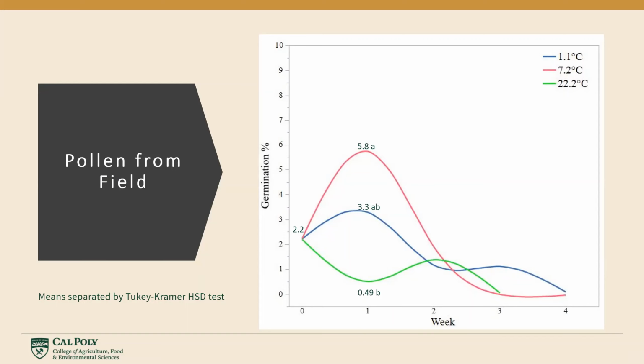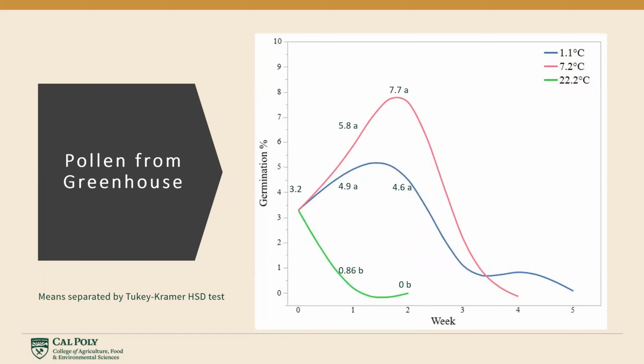For pollen stored at 1.1 degrees Celsius, there's an increase to 3.3% germination 1 week after storage. And for pollen stored at 7.2, there's an increase to 5.8% germination. The pollen from the field was able to be stored for up to 3 weeks at 1.1 degrees Celsius and 7.2 degrees Celsius before showing no signs of germination at week 4.